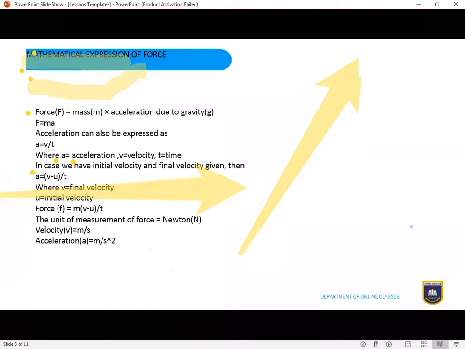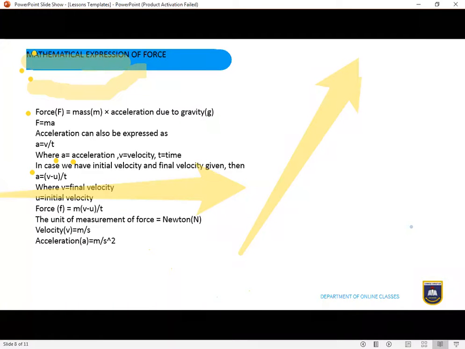Initial velocity is represented by the symbol U. Final velocity is represented by the symbol V. So anytime you see U and V, U represents initial velocity, V represents final velocity. If you want to relate acceleration, initial velocity, final velocity, and time, acceleration is simply the final velocity minus the initial velocity all over time.